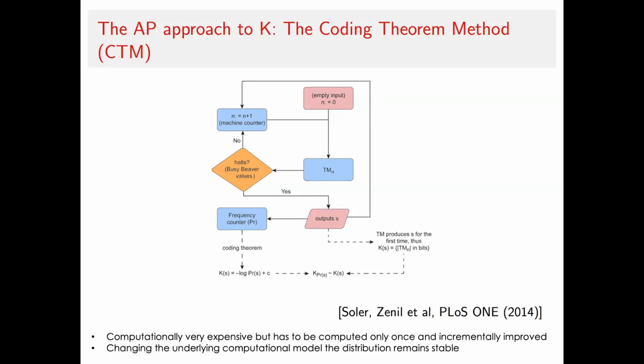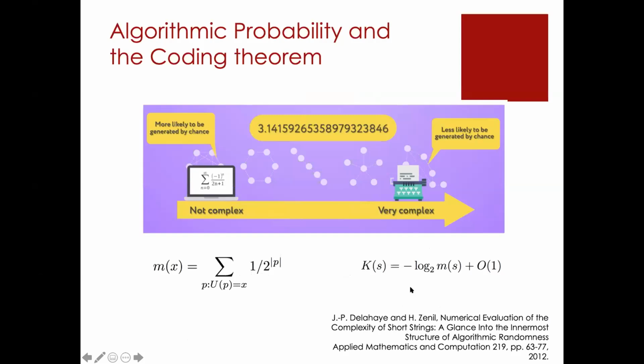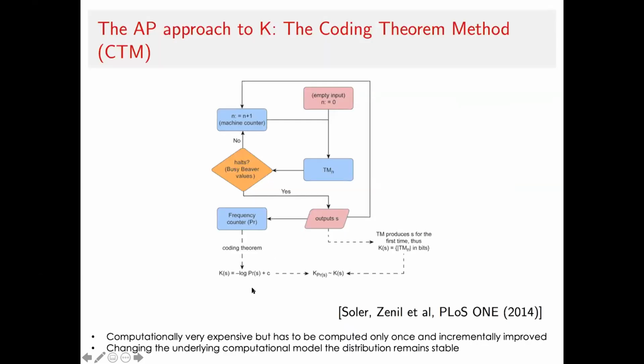So it's dovetailing basically. And then we have two ways actually to measure algorithmic complexity. One is through algorithmic probability. So we use the coding theorem to get back to algorithmic complexity. Or we can actually find the first shortest computer program that produces that string, and then we can compare the two measures, and basically they correspond perfectly.